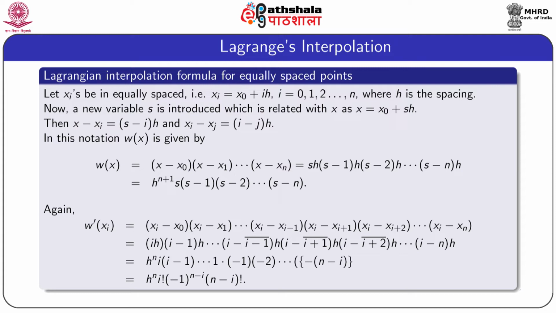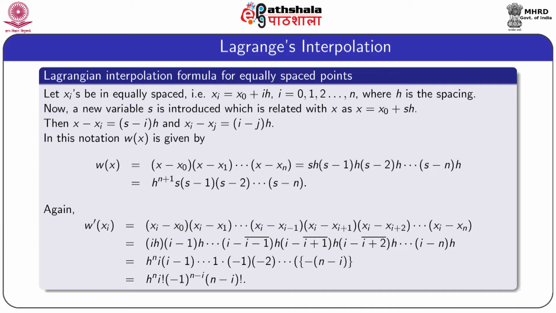Again, w'(xi) also reduces to a simple expression: w'(xi) equals (xi minus x0) up to (xi minus xi-1) and then (xi minus xi+1) up to (xi minus xn). The first term xi minus x0 becomes i h, the second term becomes (i minus 1) into h, and xi minus xi-1 becomes (i minus (i minus 1)) into h, and so on.